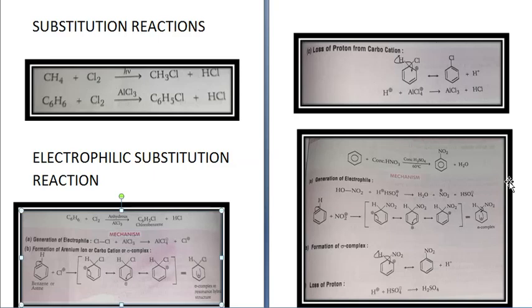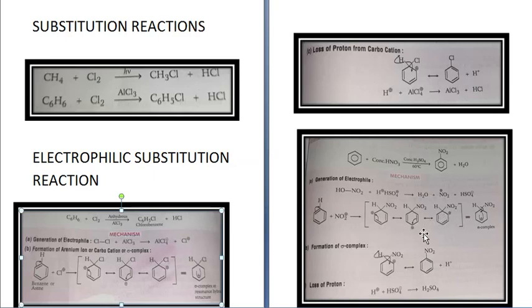Now when the benzene ring comes in contact with NO2 plus ion, again shifting of electrons takes place. From the double bond the electrons shift to the carbon which has a single bond, and you get a structure like this with NO2, where this carbon has a positive charge, or it can be this carbon with positive charge, or the third carbon with positive charge.